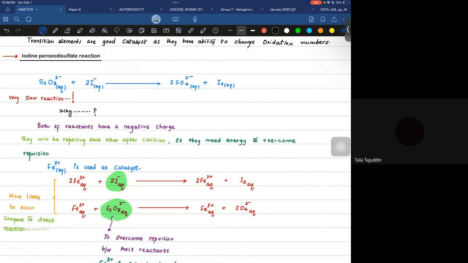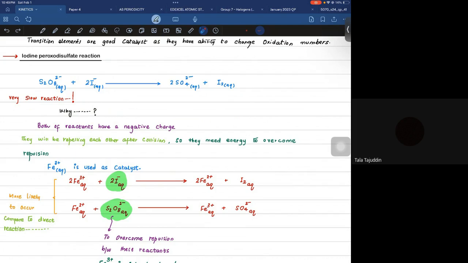reaction. Whenever peroxodisulfate is going to react with iodide, technically they should not react with each other. If you are asking why, because they both have a negative charge, they're going to repel each other. So they will be repelling each other after the collision.